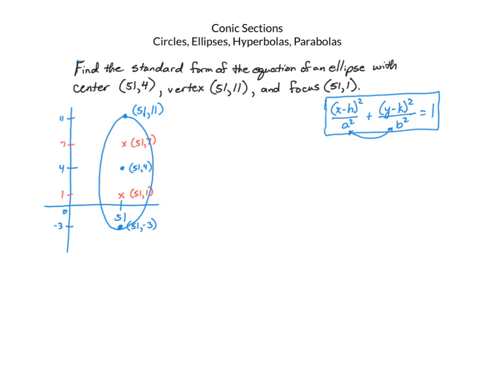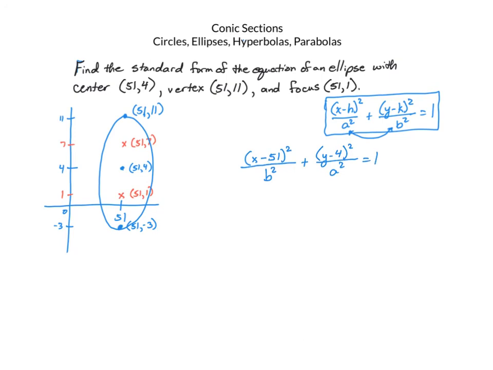So let's write what we know so far. We know it will be (x minus the x coordinate of the center, 51) squared over b squared, plus (y minus the y coordinate of center, that's 4) squared over a squared equals 1.